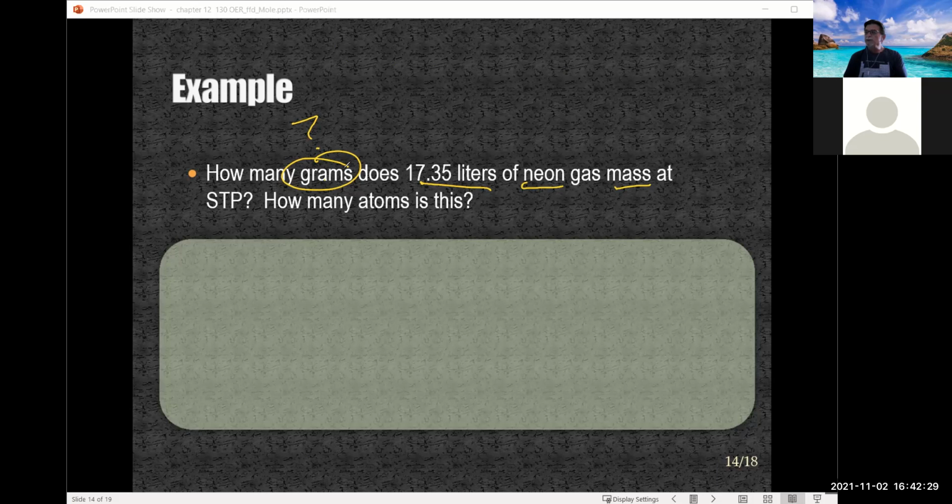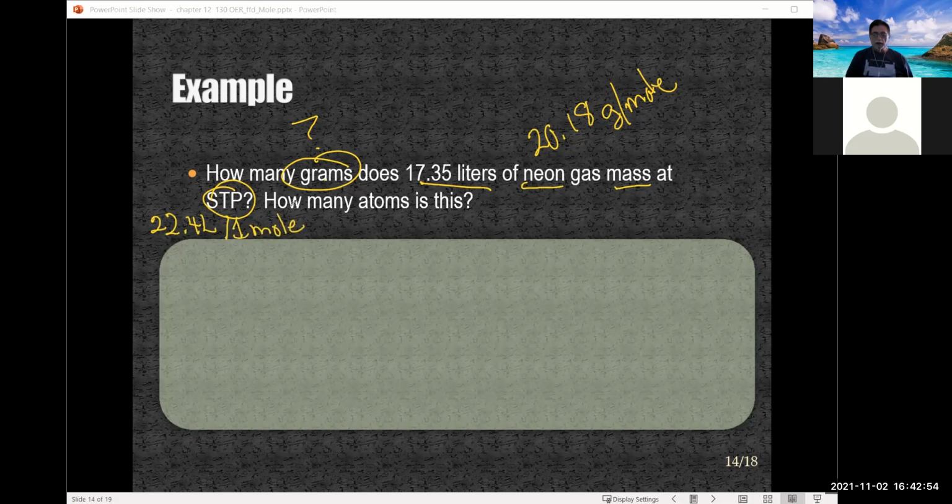So neon, maybe I might need 20.18 grams per mole. I need the molar mass, atomic weight. We are at STP, so I might need to incorporate the 22.4 liters per 1 mole.